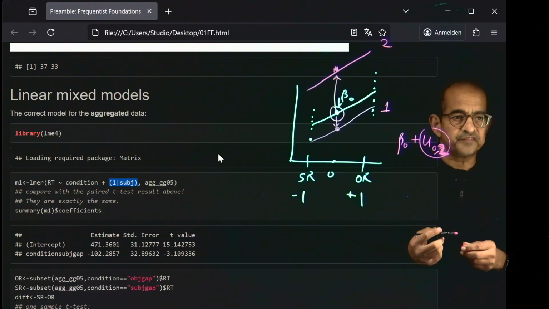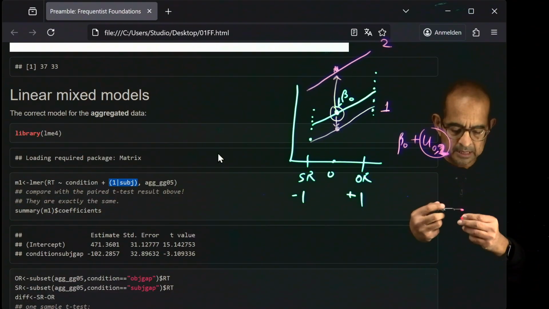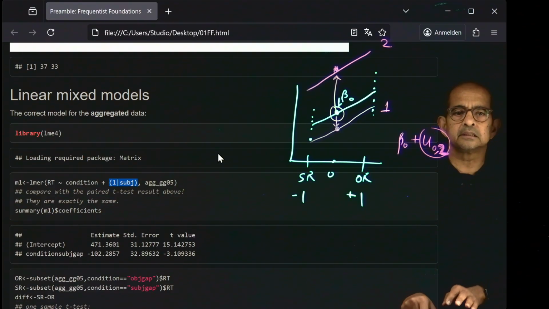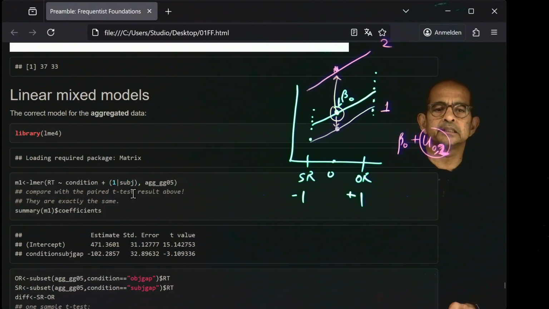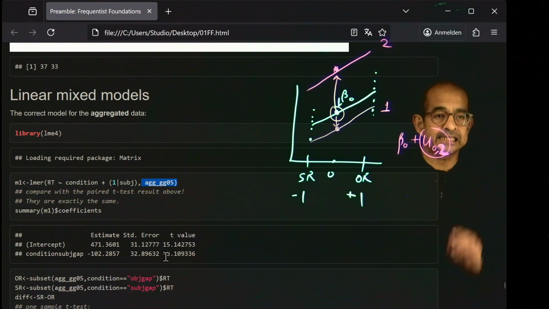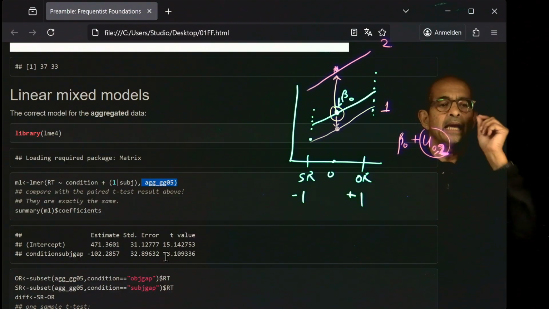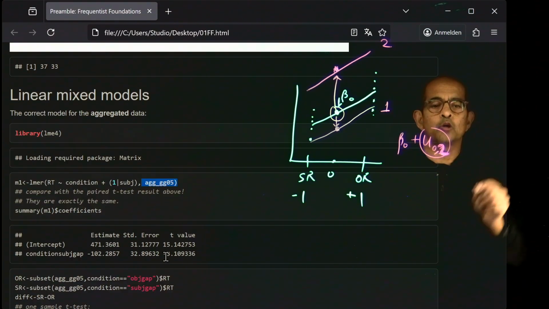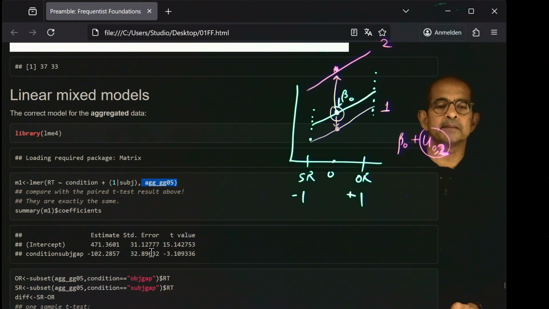So that's called the varying intercepts linear mixed model, and it's written as shown here in this syntax with the LMER function. This would be the correct way to analyze the aggregated data. You will notice that the output of this linear mixed model is exactly the same as the output of the paired t-test or the one sample t-test.